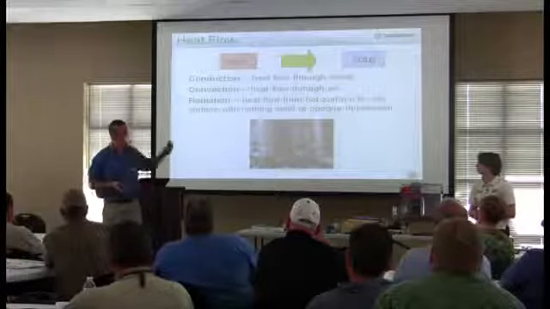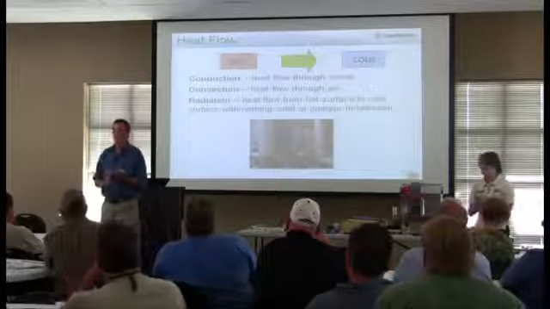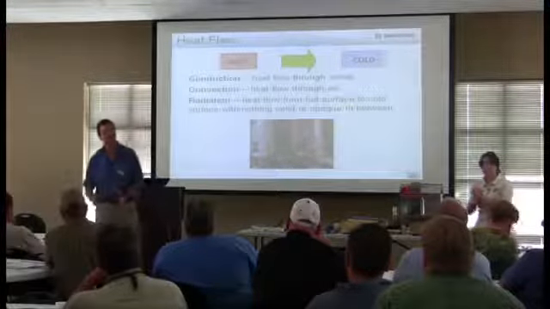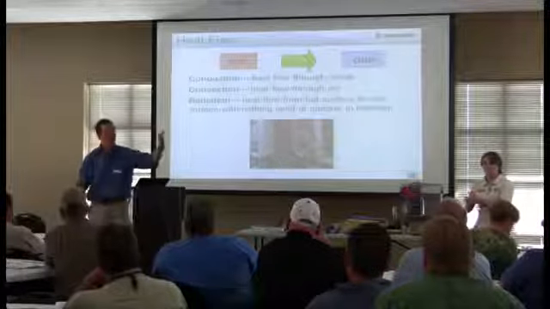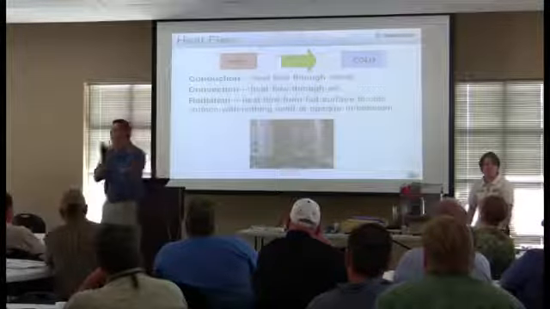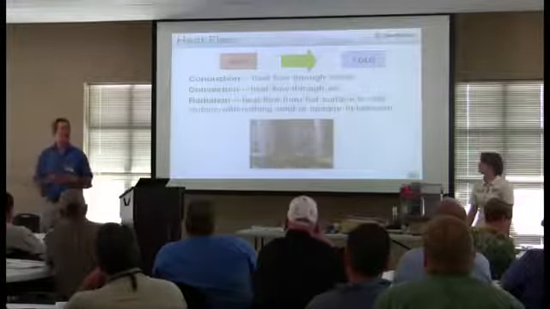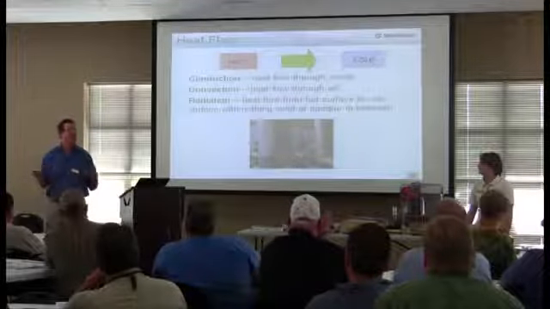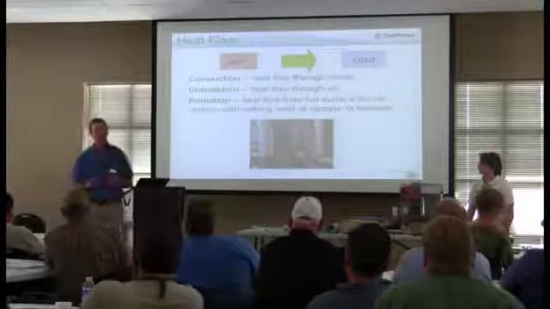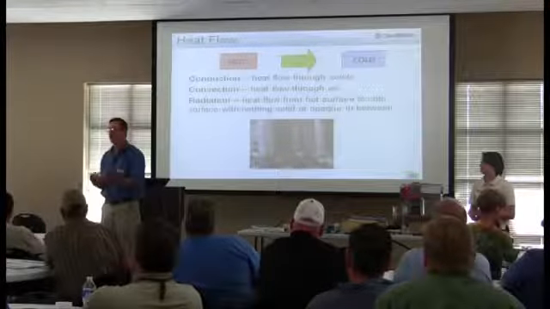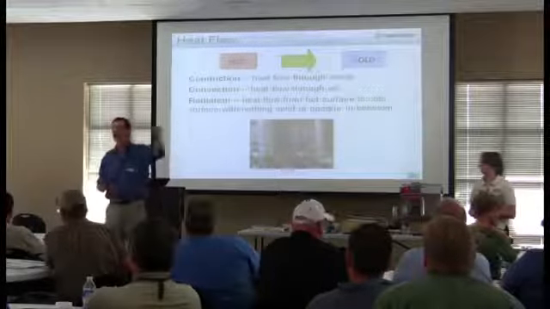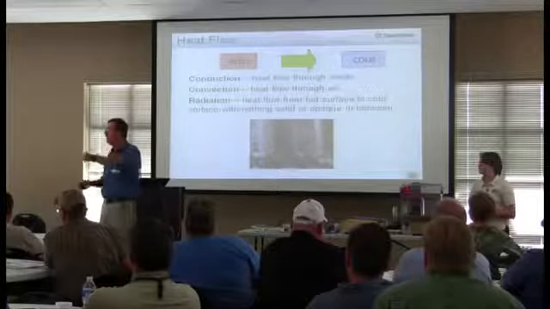Conduction, which is heat flow through a solid, where you're touching something, or a wall of a building or a solid material. Or convection, which is through air movement or a fluid, in this case air being the fluid. If it's cold out, cold air leaks in and cools down my building. If it's hot outside, hot air leaks in and heats up my building.